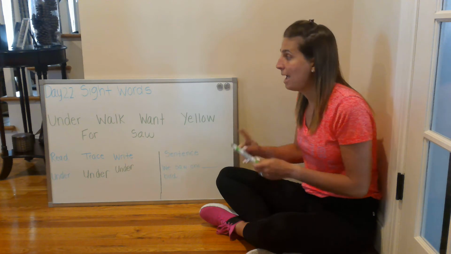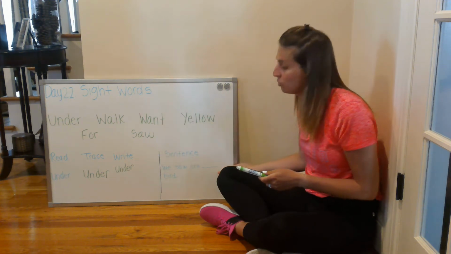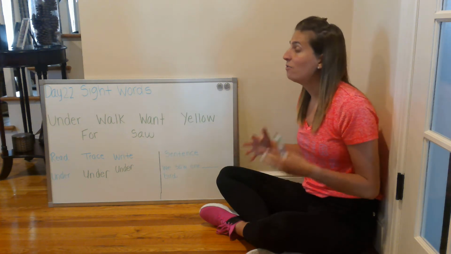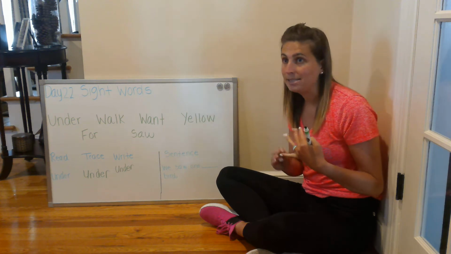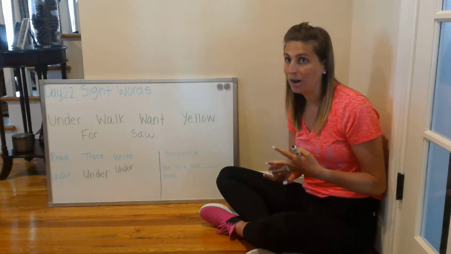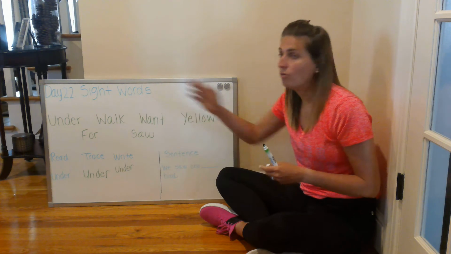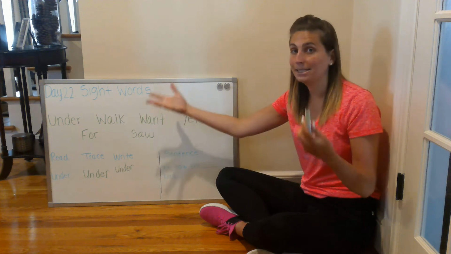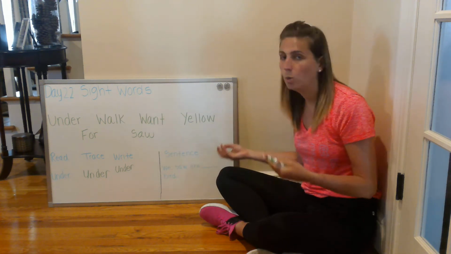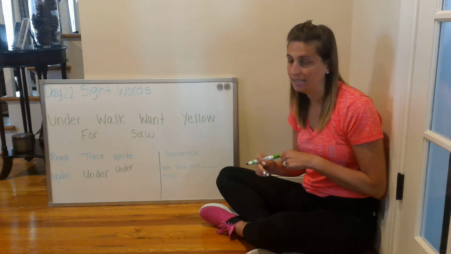If it does, then that means that is the sight word I'm going to write on the blank. If my sentence does not make sense and my sentence does not sound correctly, I'm going to move on to the next sight word until I figure out which sight word best completes the sentence.